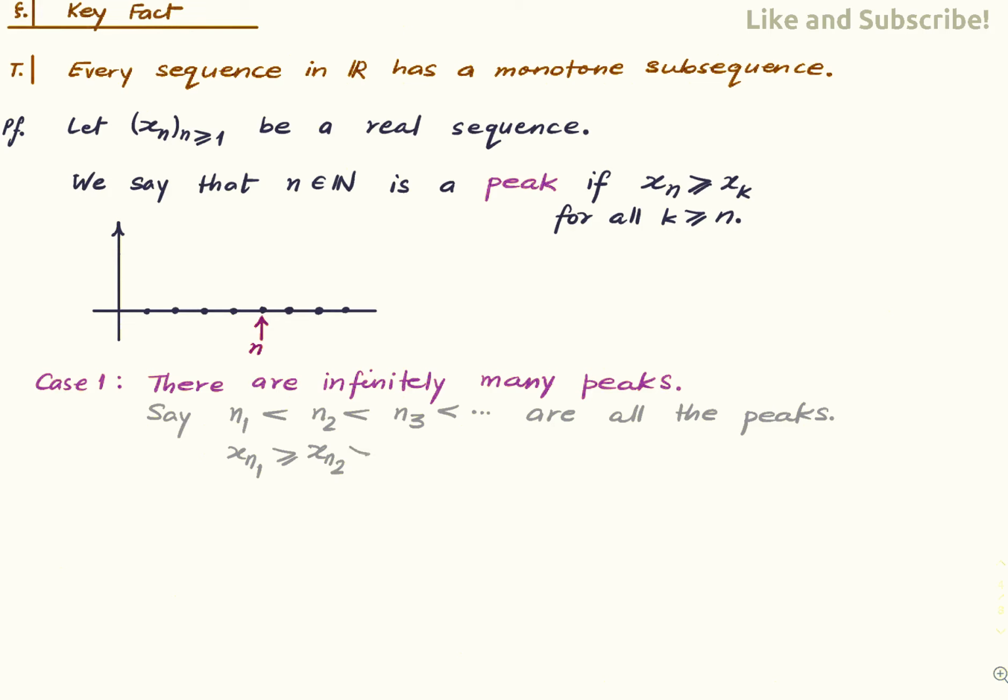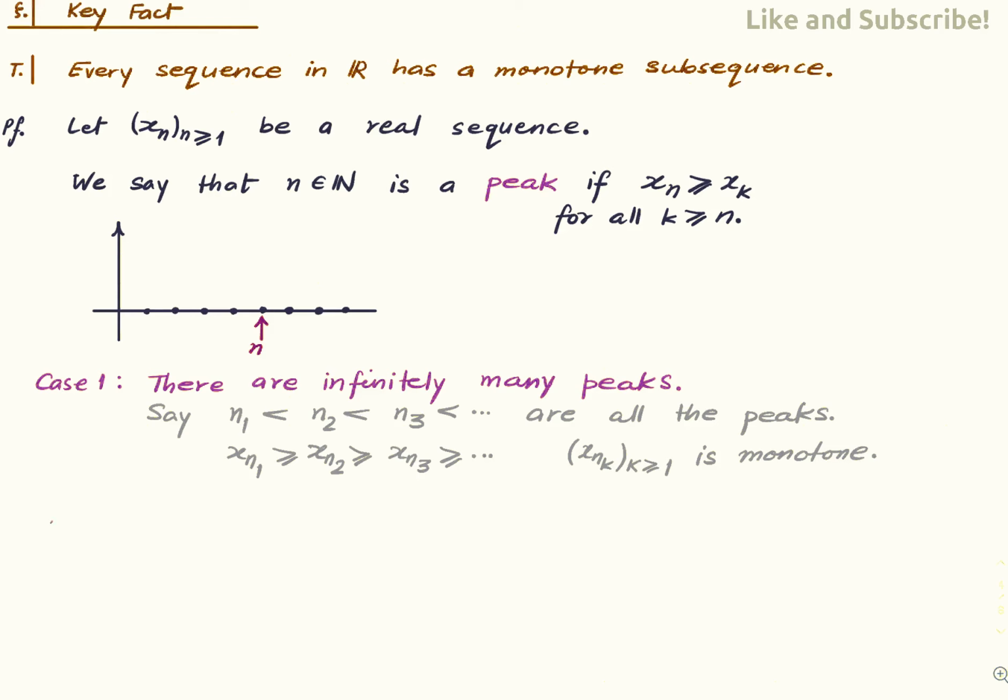By the same reasoning, x n2 dominates x n3, and this goes on. And what we have found is that this subsequence is monotonically decreasing. It's a decreasing sequence and hence monotone.